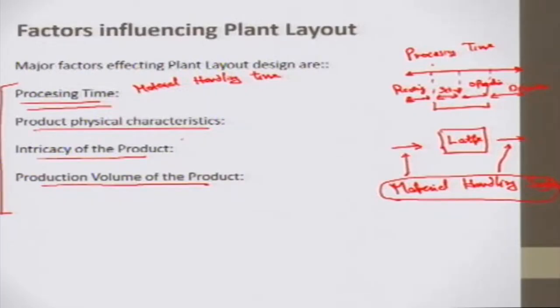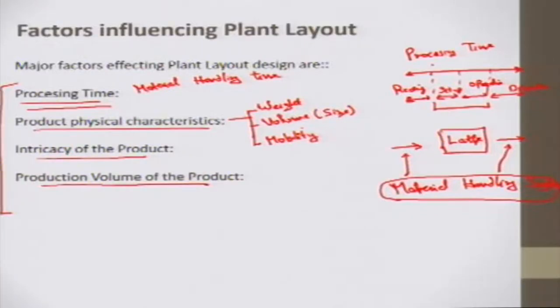Product physical characteristics. By physical characteristics, I would say weight of the product, volume of the product. Here by volume I do not mean the production volume, volume means the physical size of the product, and the mobility of the product, that is, what is the ease of the product movement, could we move the product, or does it have to be made in a fixed position.